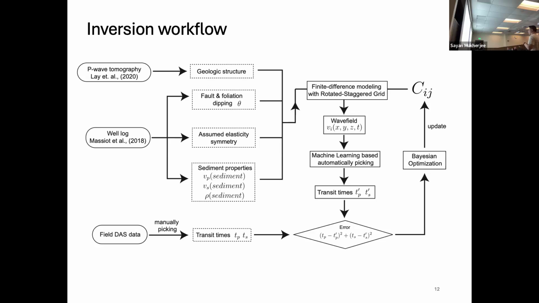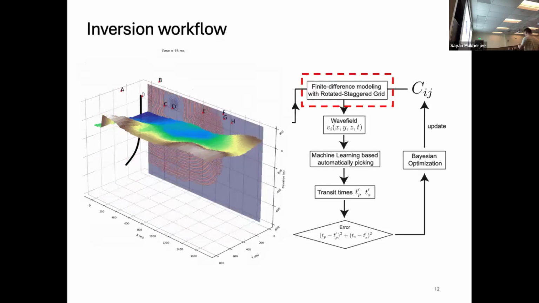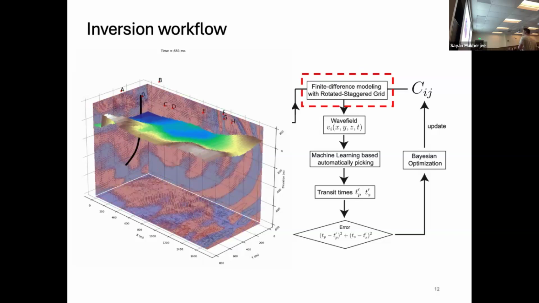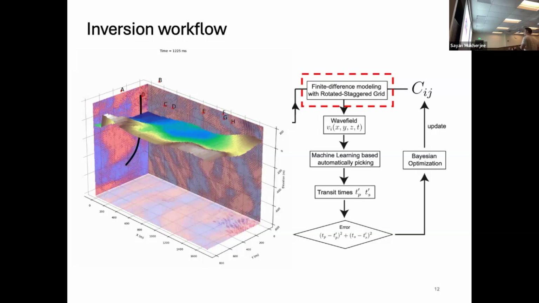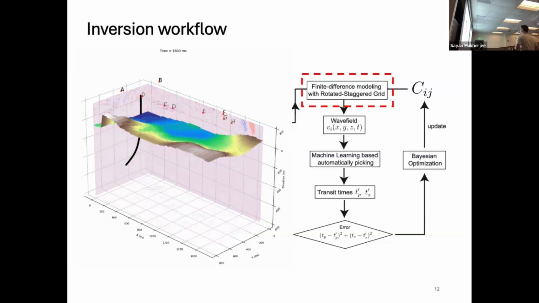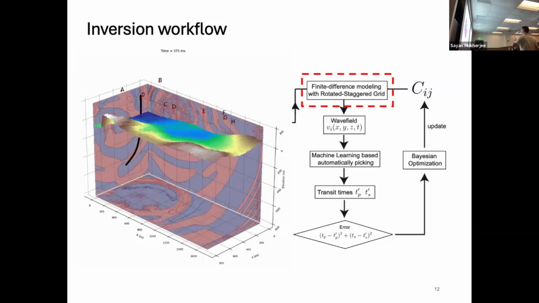I have also done manual picking from the field data for the P and S wave arrivals, and everything within this dashed frame is a fixed parameter in our numerical experiment. And everything on the right-hand side happens within the numerical experiment. So forward modeling of the wave propagation in this 3D domain will look like that, shown by this animation. And I don't have time to talk about this.